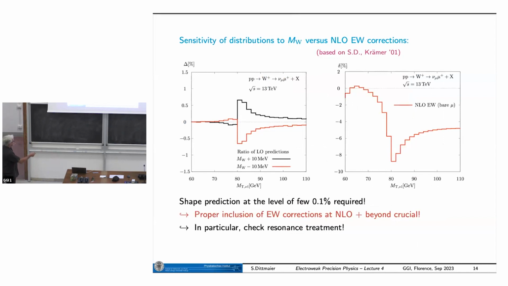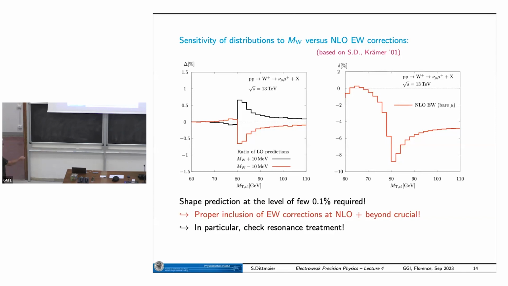If this is the natural size of the electroweak corrections, you see just above this expectation you have these larger corrections. It's much more washed out for a hadron collider as compared to lepton colliders, but still you see the same kind of behavior here.